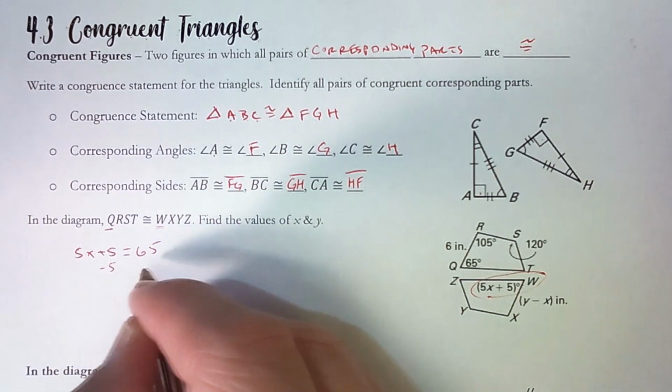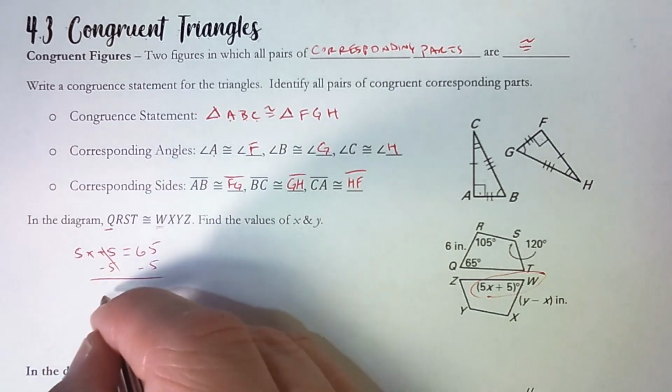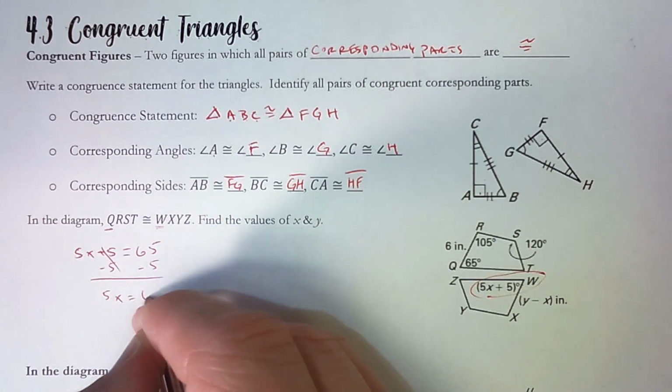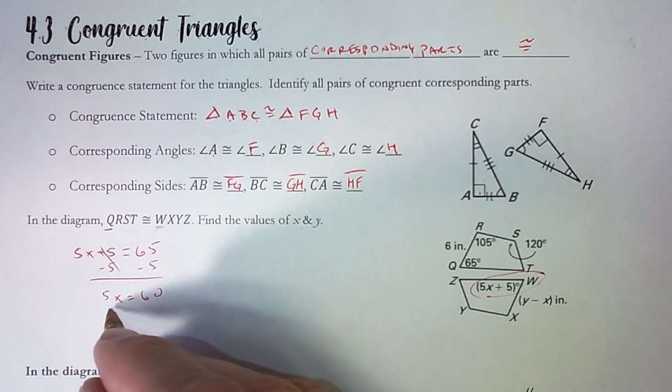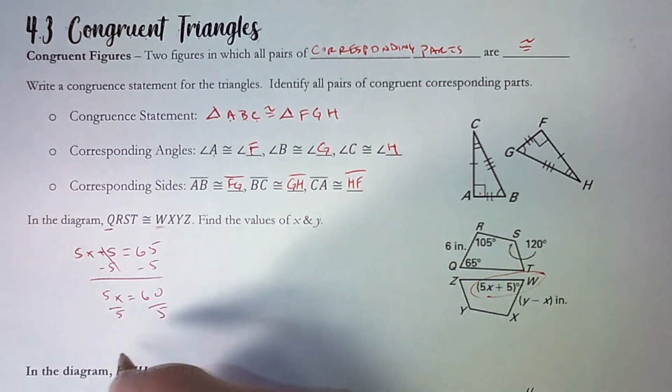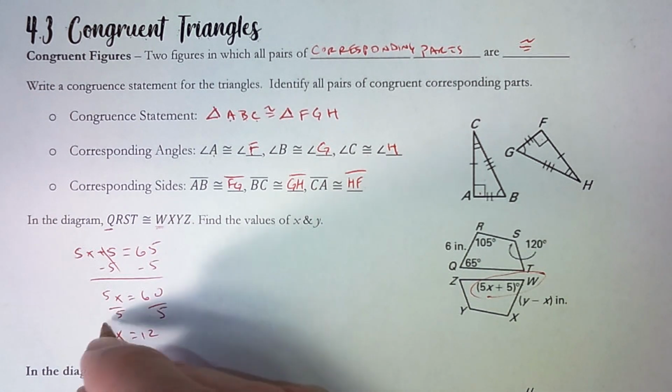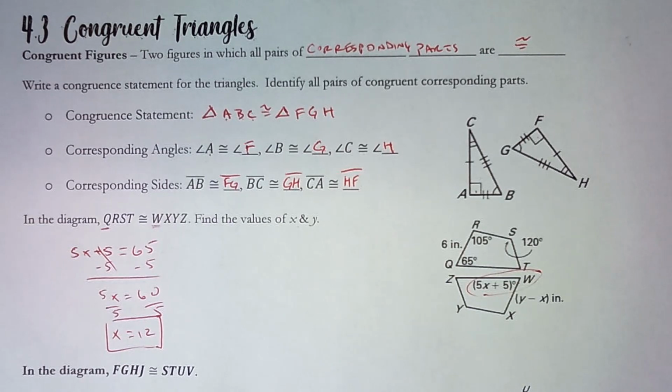So I can subtract 5 from both sides and get 5x equals 60, and divide by 5 and get x is 12. So there is my value of x.